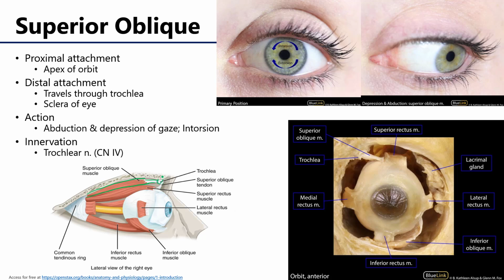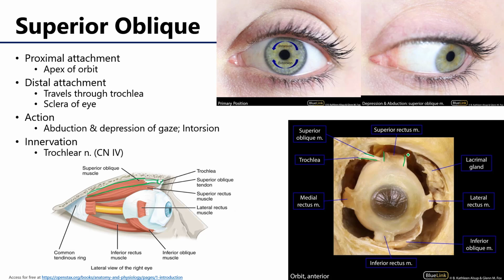Recall the trochlea is attached to the trochlear fovea of the frontal bone, and the tendon then moves across. Here we can see the tendon there, and it inserts on the sclera posterior to the attachment of the superior rectus muscle.